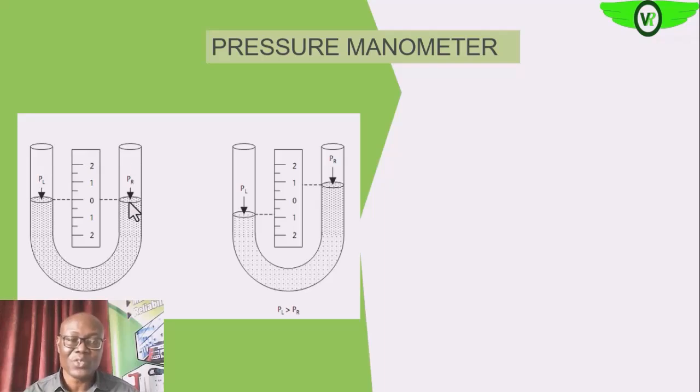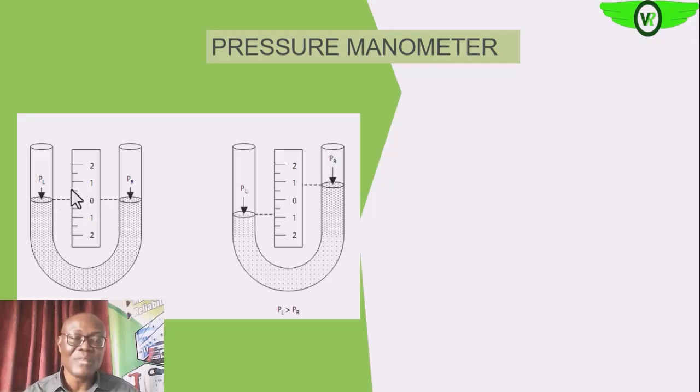So the force on this water column is equal to the force on this water column, which means the level on each side of the tube will be the same. It is balanced, so we have it here at the 0 point. It is calibrated to give us 0.